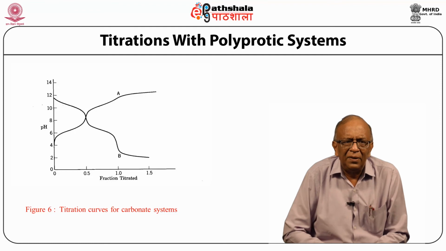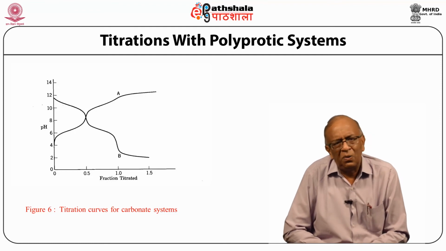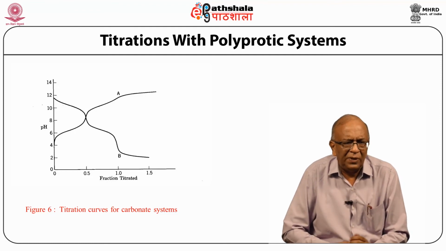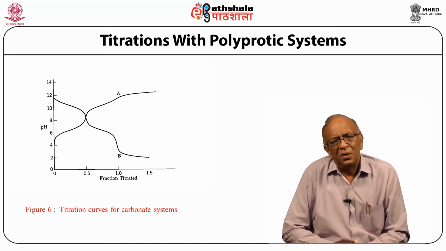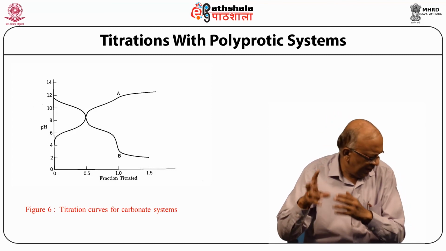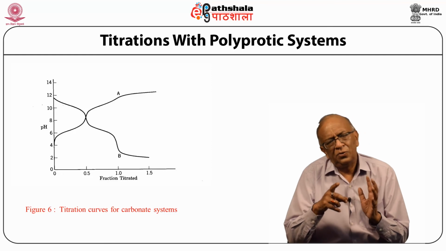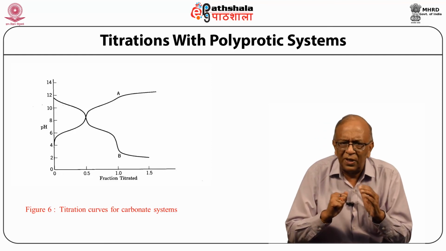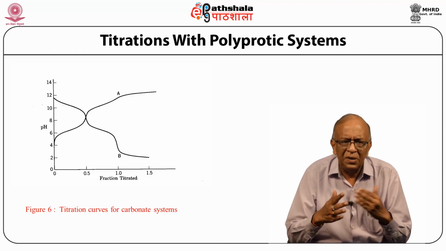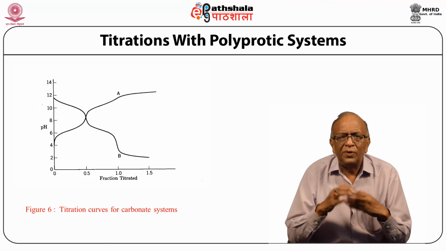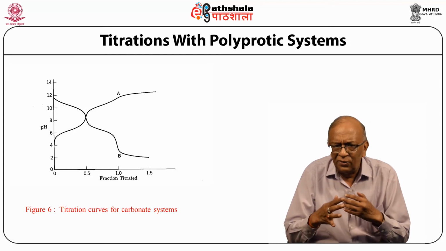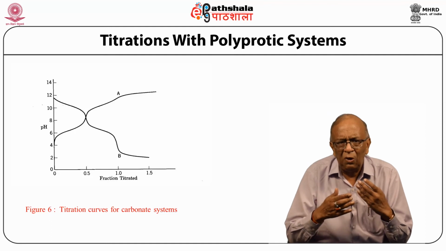Students, again you concentrate on figure 3, which shows the distribution curves for the dissociation of phosphoric acid. Phosphoric acid is H3PO4, which contains three ionizable hydrogen atoms or protons.